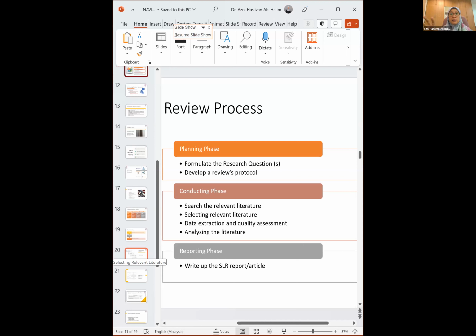That is the best, I would say. But if the study is within the scope of your country, it can also be used as part of the literature for your systematic literature review. Okay. Yeah, thank you.